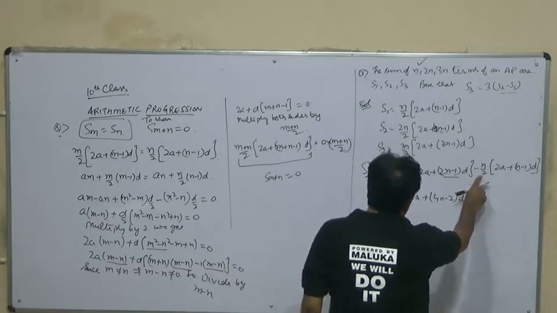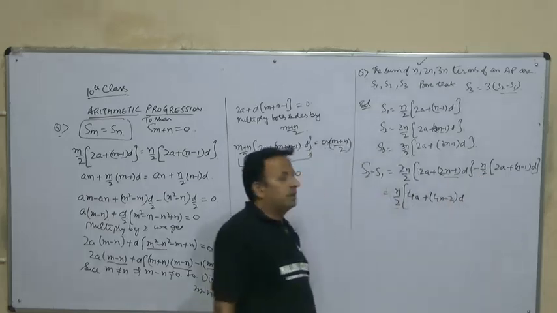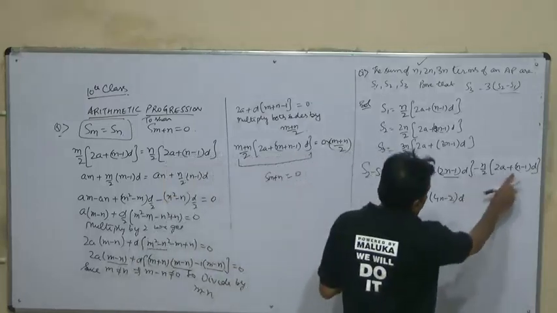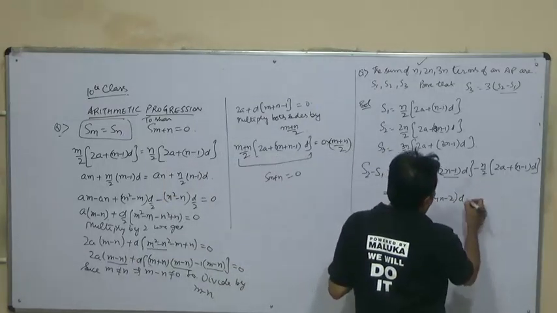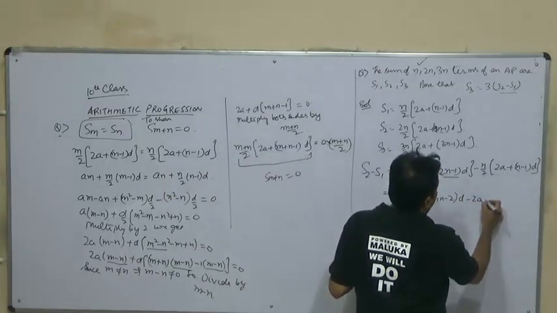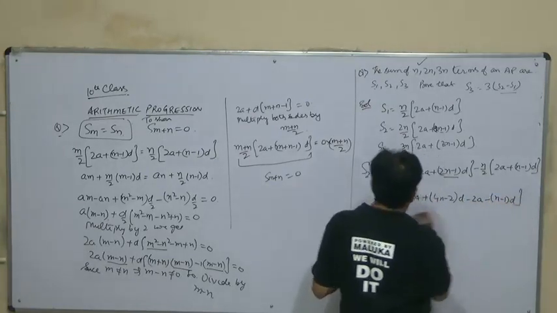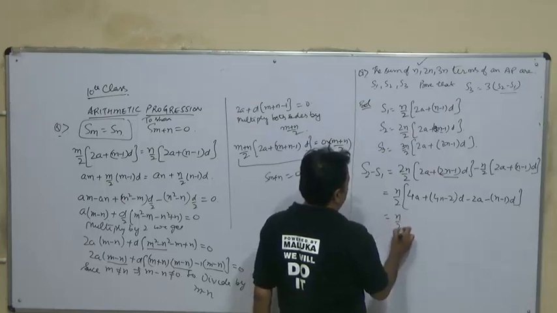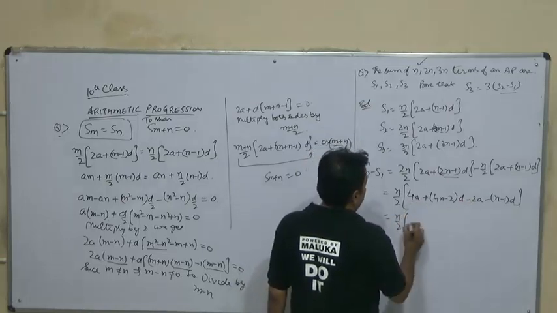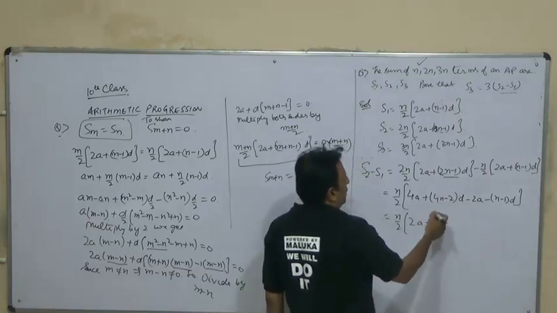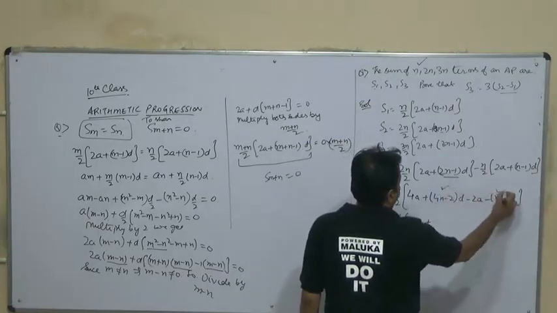Now n by 2 we have taken out common here. Now we are left with the minus sign. So that minus will be multiplied inside. So this will be minus 2A and minus (n minus 1) into D. So this will be equal to n by 2, (4A minus 2A is 2A) plus, now we take the common D from these two brackets.